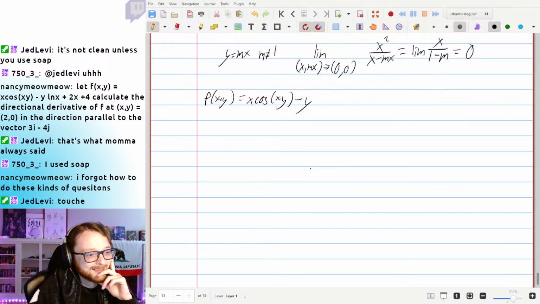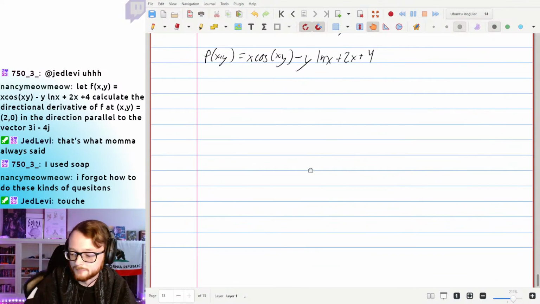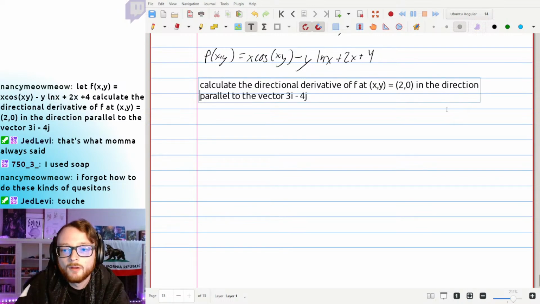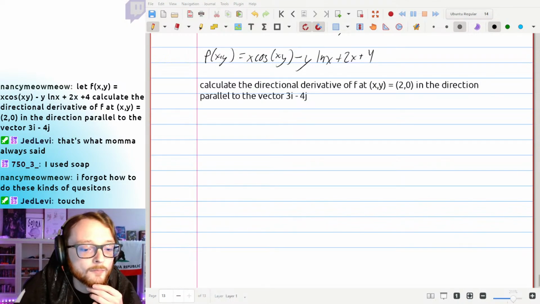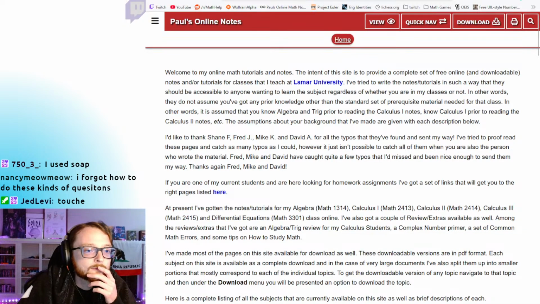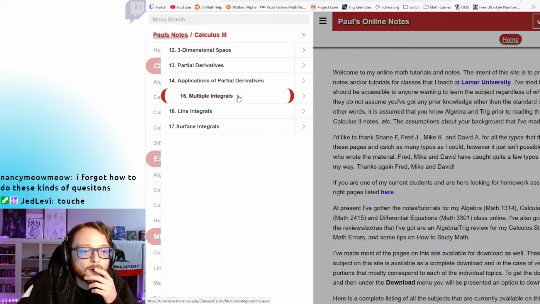Oh, they're just giving you a really weird function just to be weird here. Directional derivative of f. It's time to shill for Paul's online notes here, because I don't remember the exact way to do them either.